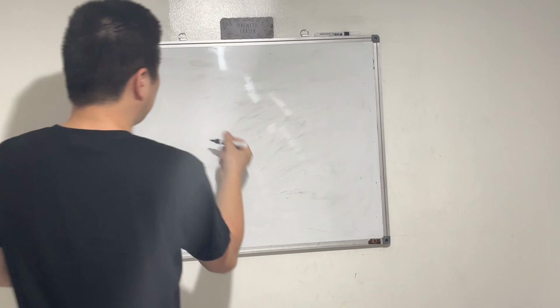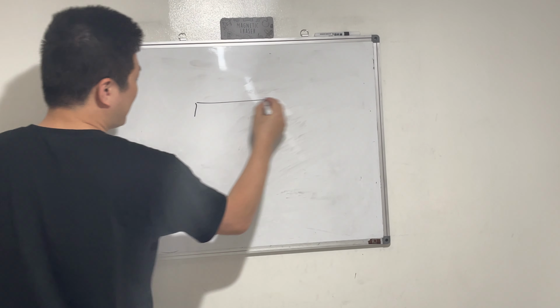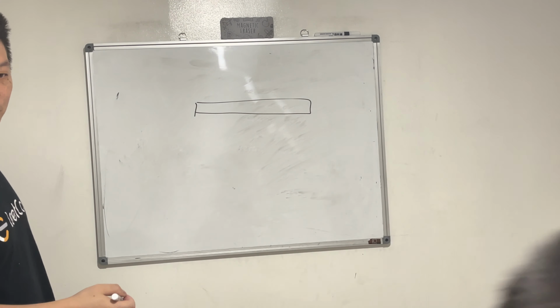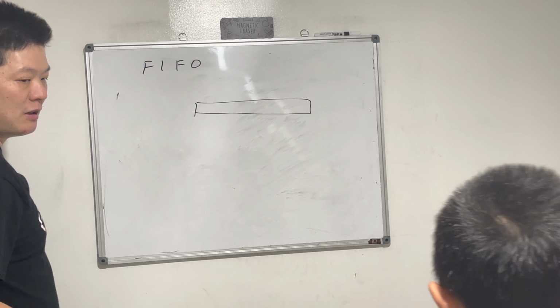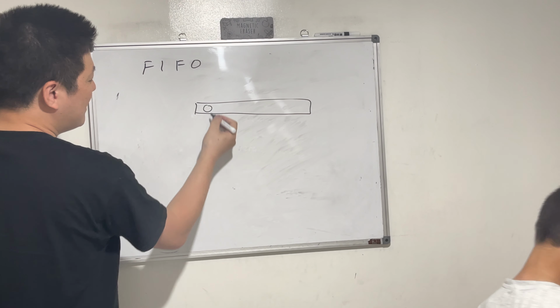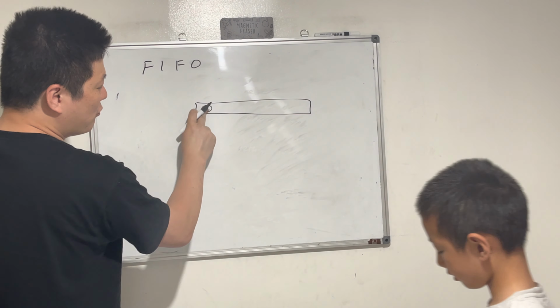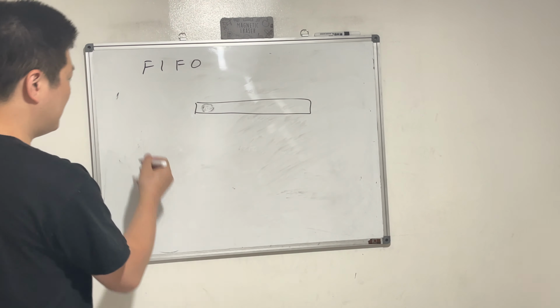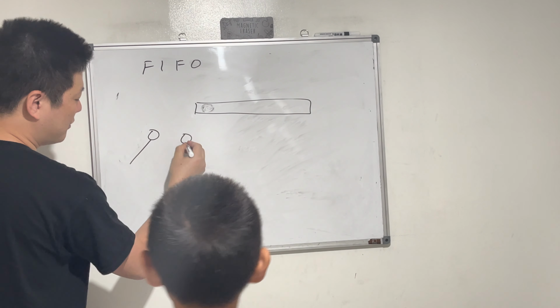Queue. What's a queue? First in, first out. FIFO. At the beginning, what should I initialize the queue with? A root.